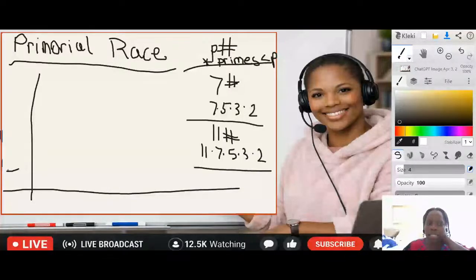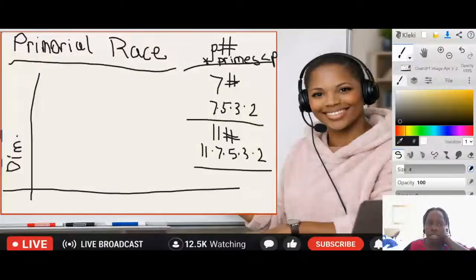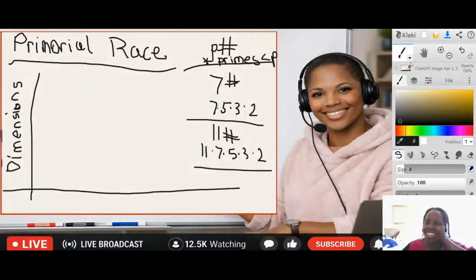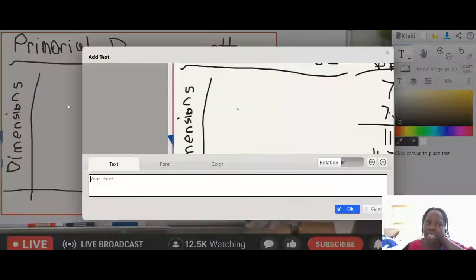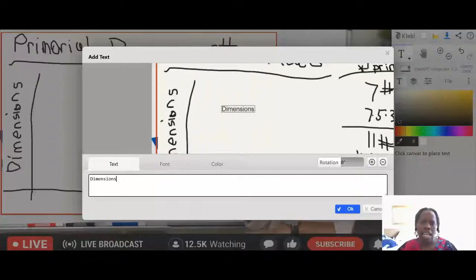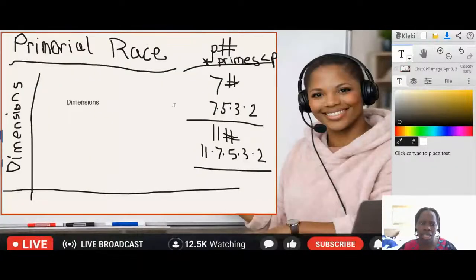Last time I put the dimensions. I wonder if I can type it and then rotate it. You know what? I'm going to try that so my graph comes out a little bit better. So how about we do a text and I'm going to put dimensions, and then see if I can rotate. Oh, oops, cancel.